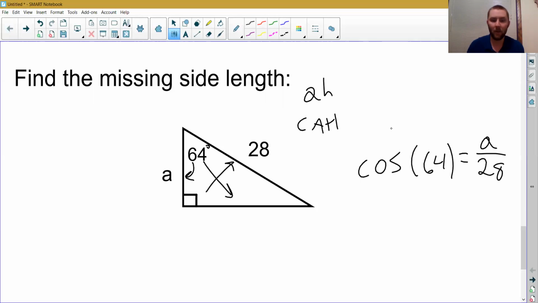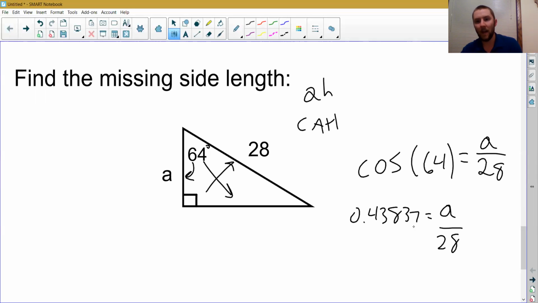I'm going to use my calculator to do the cosine of 64 degrees. Cosine of 64 degrees is about 0.43837. That's equal to A over 28. I put that decimalized version over 1, and again, I have a proportion, right?